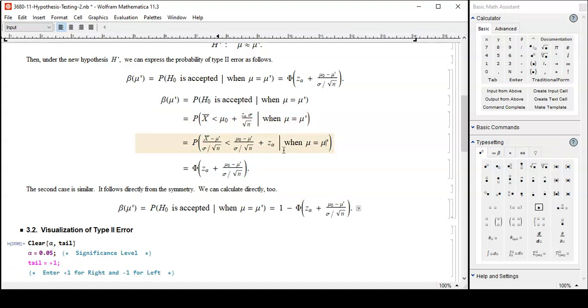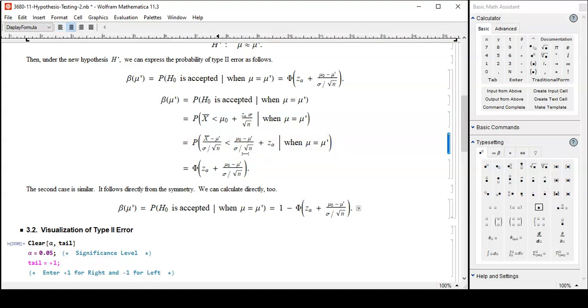Now, look at the third line here. What's this quantity? X bar minus mu prime, which is a center, because the condition is mu is equal to mu prime, so centered around mu prime. So this is a value minus the center over SE. Wait a minute, this is a z-score.